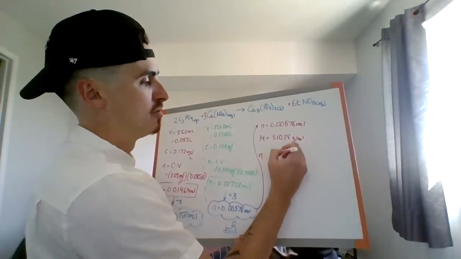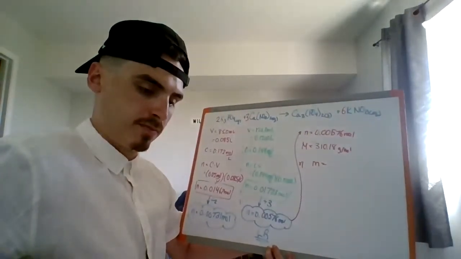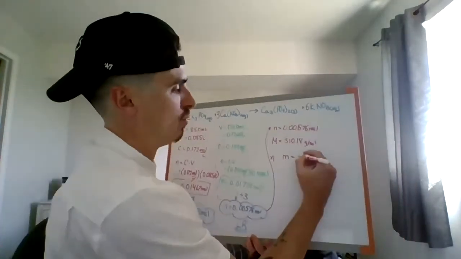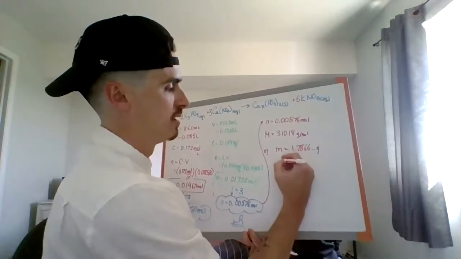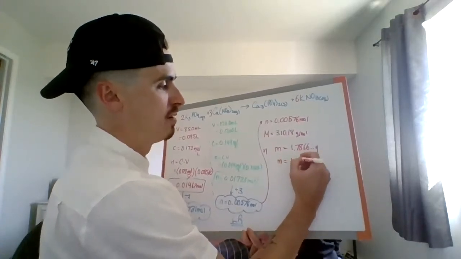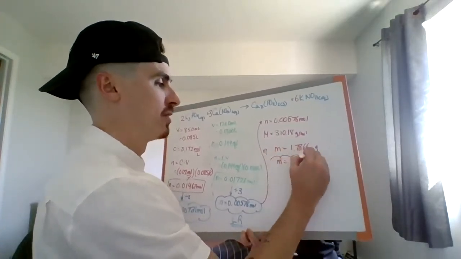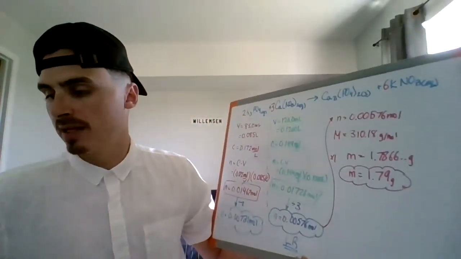All right, so to figure out the mass of that solid, just multiply those together. And we're going to get 1.7866... grams. Sig figs, 1.79 grams.